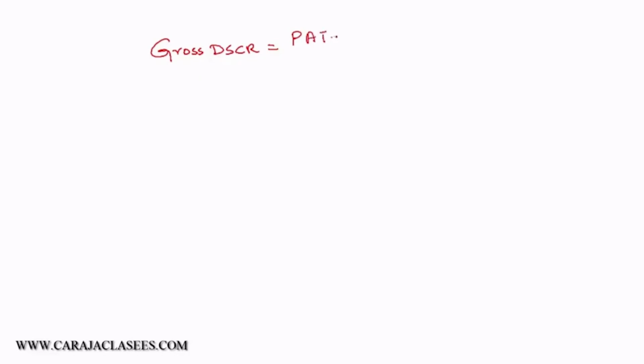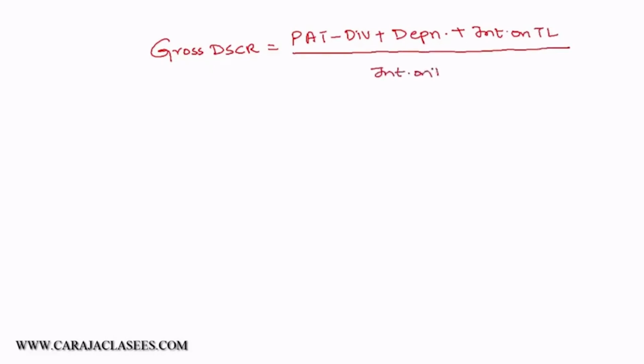It is PAT minus dividend plus depreciation plus interest on term loan, whole divided by interest on term loan plus principal repayment. So this makes gross DSCR. Public sector banks will be insisting it should be at least 1.75, or some banks will go down to a level of up to 1.5.